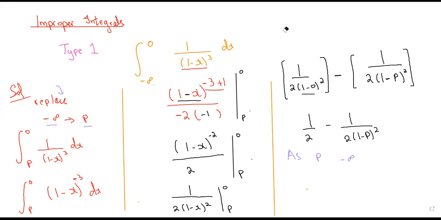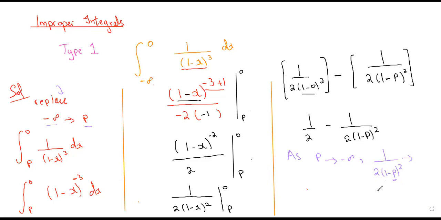So what about the function? P is minus infinity. So 1 over 2, 1 minus p squared would be what? If I plug in minus infinity here, what am I going to get? I would get infinity in the denominator. Anything divided by infinity is what, Haris?